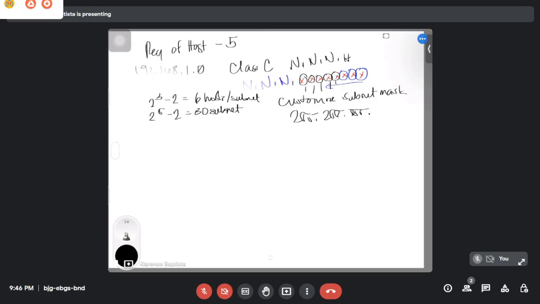No? So, 8 plus 16 plus 32 plus 64 plus 128. So, the value is 248. Okay? So, the customized subnet mask is 255.255.255.248.